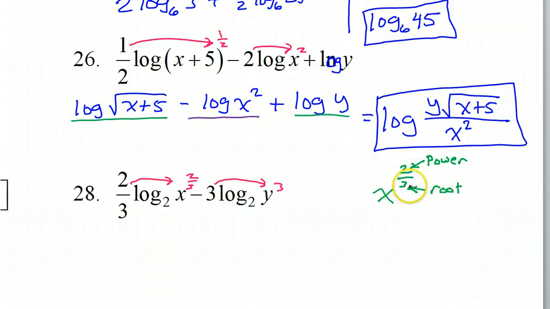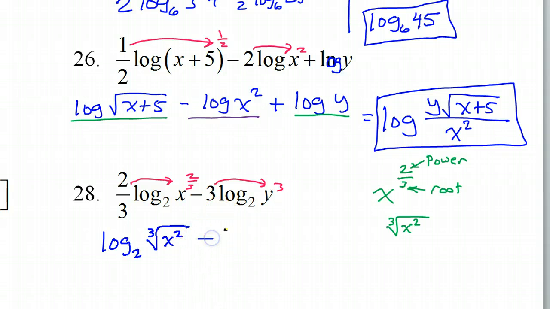It's power over root. So x to the 2/3 power is the same thing as the cube root of x squared. So that's what I'm going to do right here. So this is going to give me log base 2 cube root of x squared.